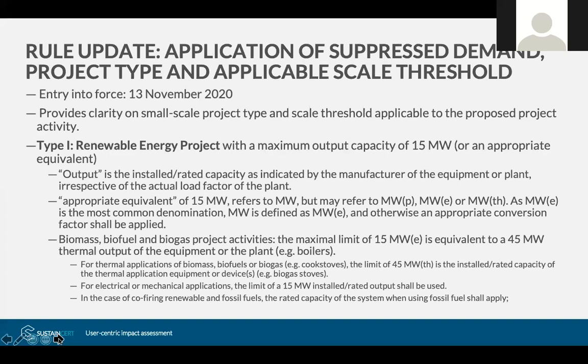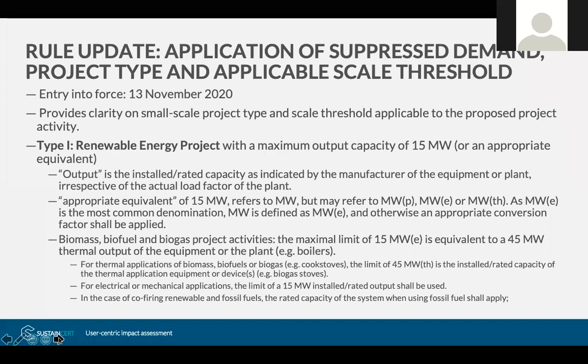So for type 1 projects, examples could include solar photovoltaic, hydro, wind, renewable biomass that supply electricity to grid, mini grid, individual households, users, or a group of households and end users.